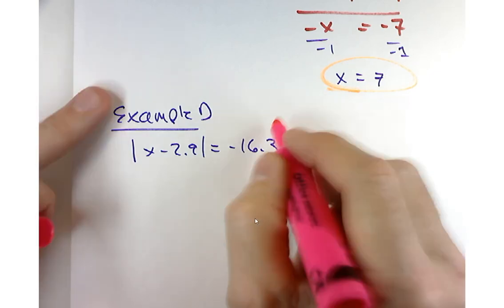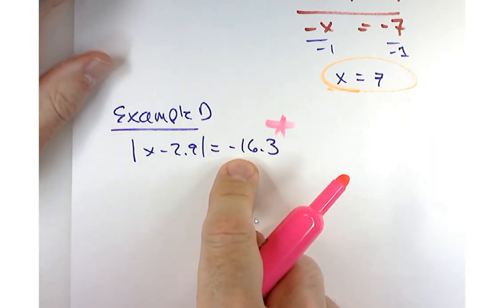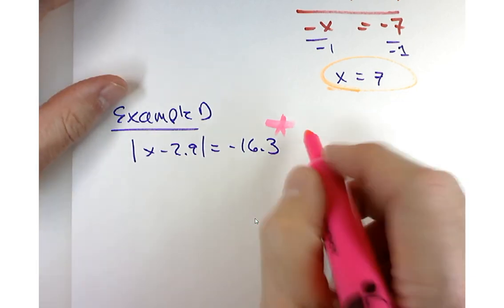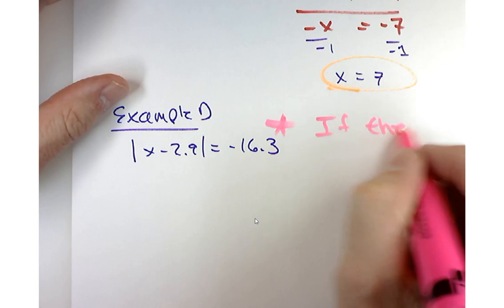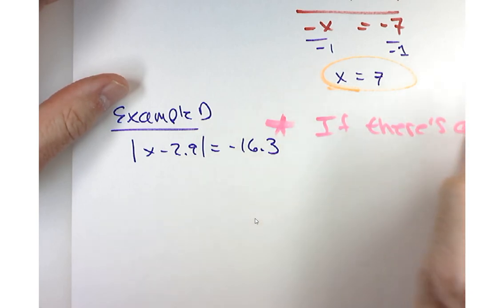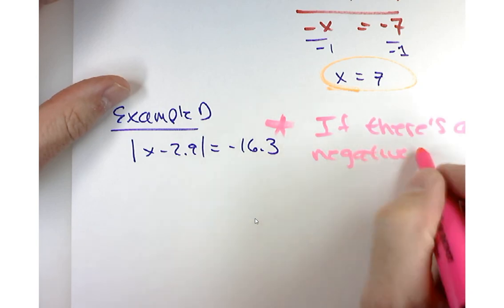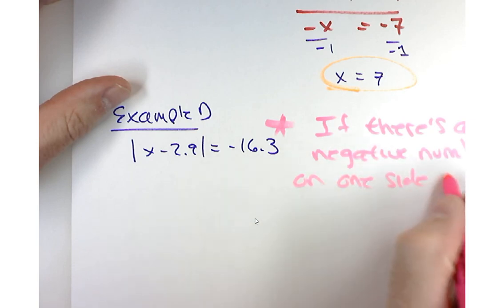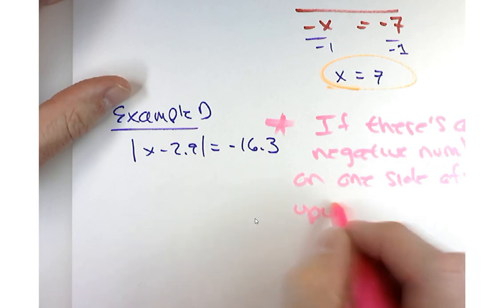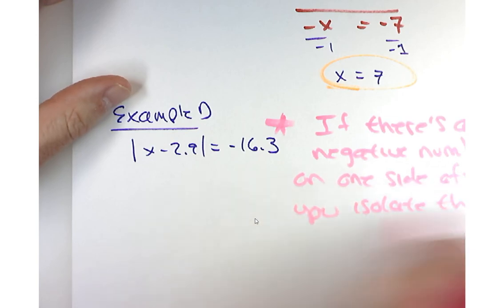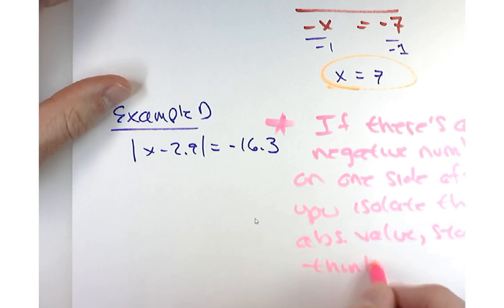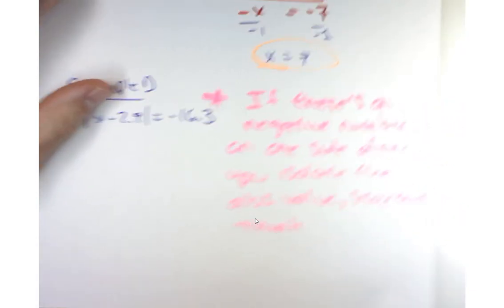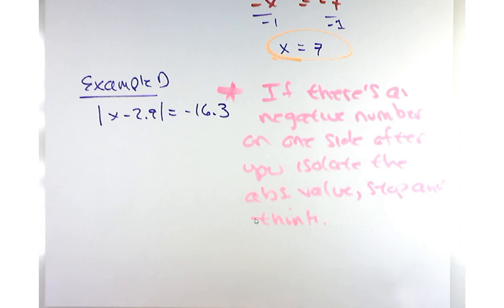If there's a negative number on one side of the equation or inequality after you isolate the absolute value, stop and think. Well, I guess we meet that stop and think criteria.